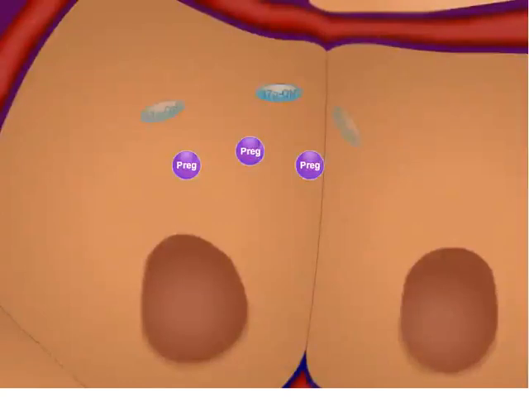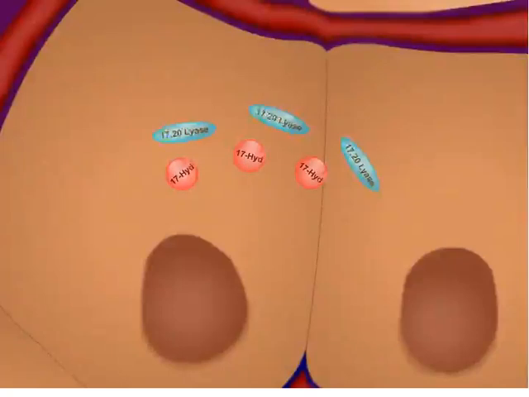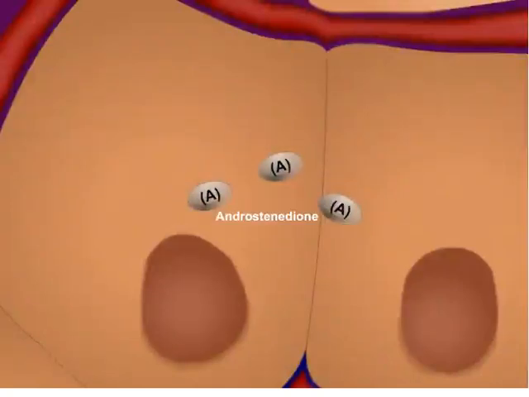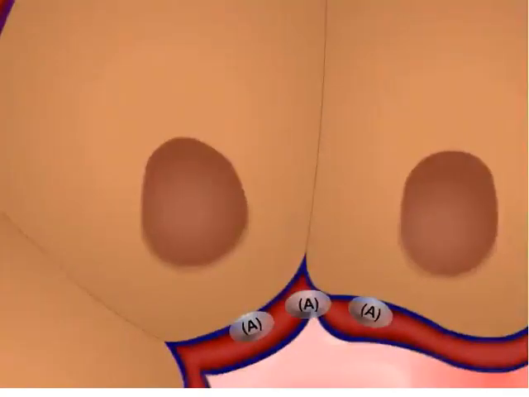Increased levels of pregnenolone are converted by way of 17-alpha-hydroxylase into 17-hydroxypregnenolone. 17-hydroxypregnenolone is converted by way of 17,20-lyase to DHEA. DHEA is then converted by way of 3-beta-hydroxysteroid dehydrogenase into androstenedione, which is converted to androgens, including testosterone.